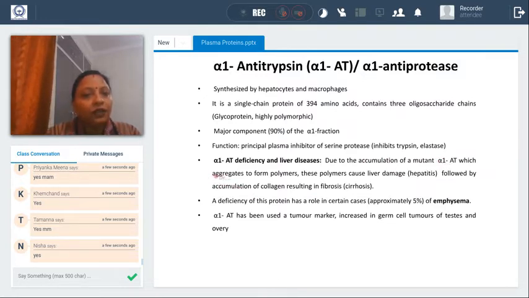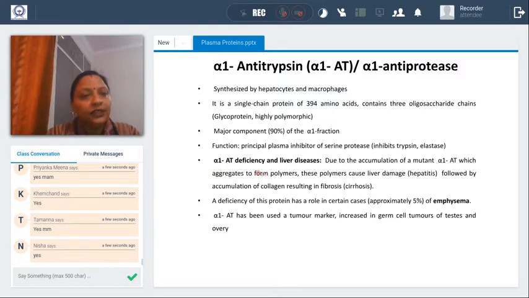So alpha-1 AT deficiency is related with liver diseases due to accumulation of mutant alpha-1 AT, which aggregates to form polymers. These polymers cause liver damage like hepatitis, followed by the accumulation of collagen resulting in fibrosis. So it leads to cirrhosis.